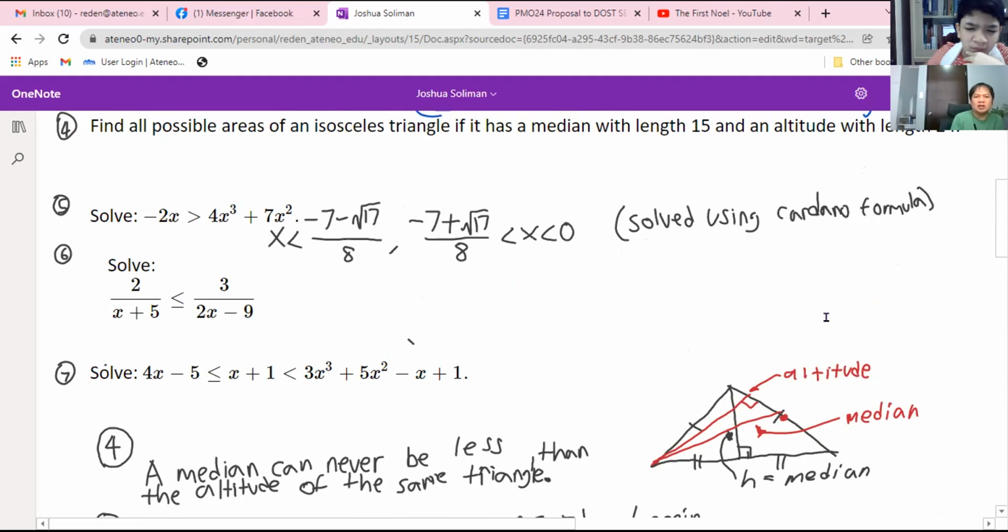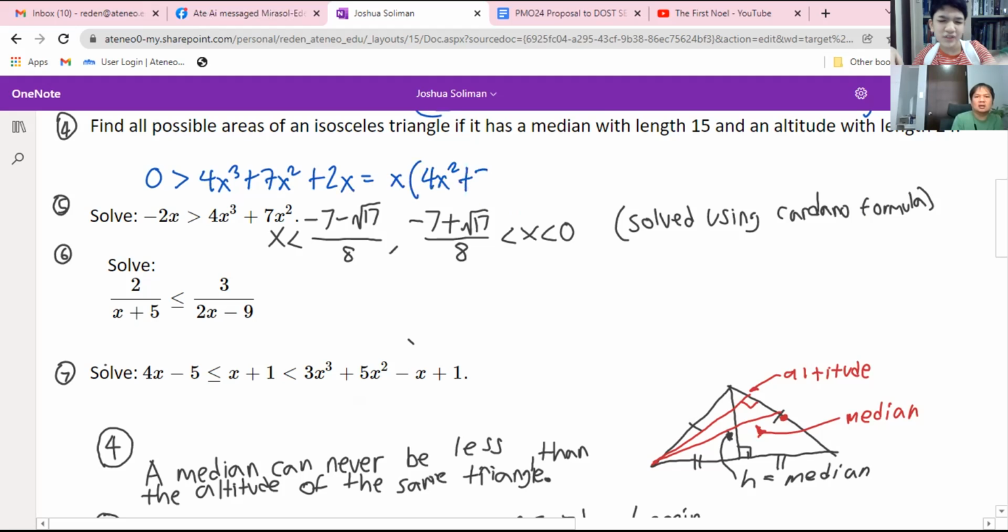Although I wonder if that was necessary, because this is 0 is greater than 4x cubed plus 7x squared plus 2x. Then you can factor out x. In my opinion, you can just remove the x.